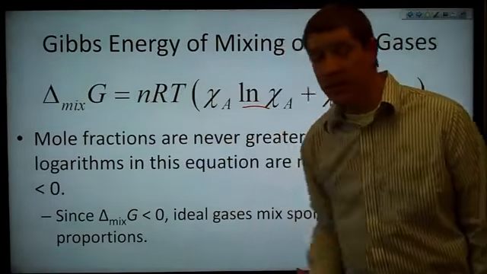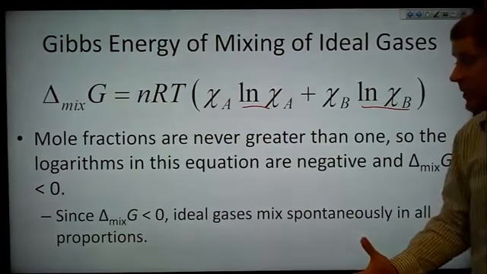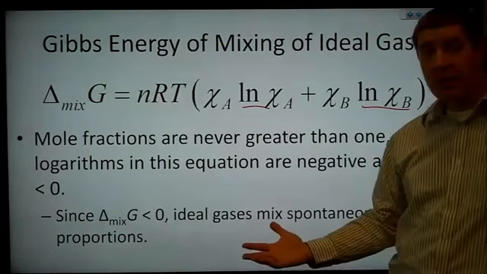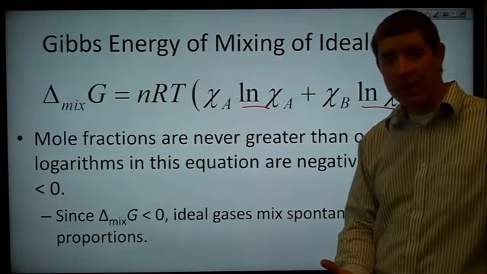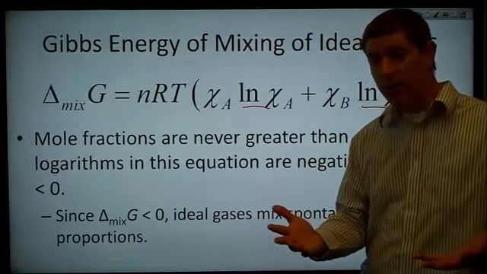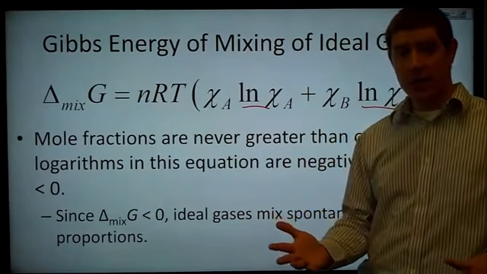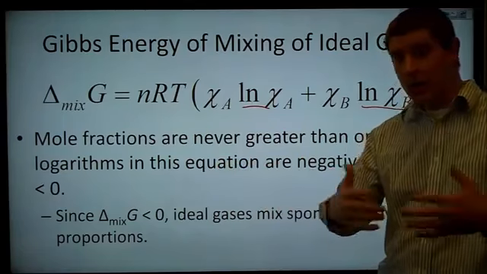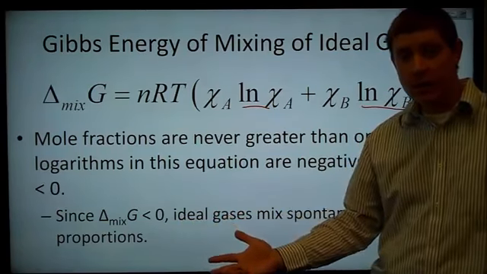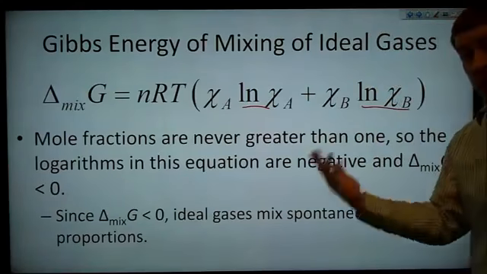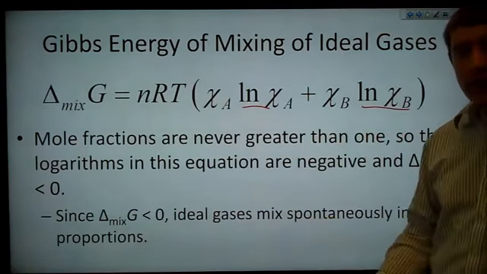So our Gibbs energy of mixing has to be negative, and if the Gibbs energy of mixing is negative, that means the mixing process has to be spontaneous, which is what we expect. If we mix two gases together, we expect them to mix spontaneously, no matter what their ratios are, no matter what the identity of the gases are.